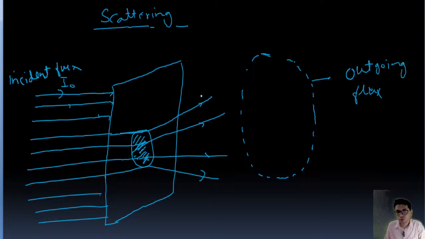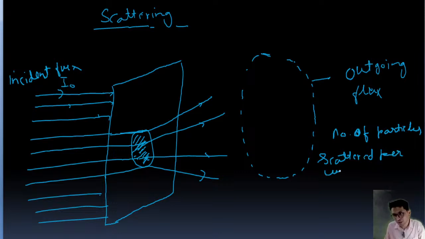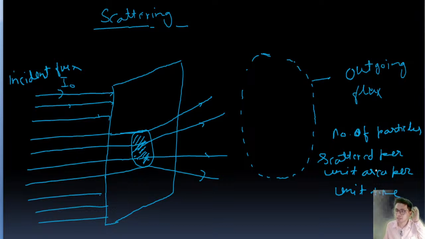So the outgoing flux is the number of particles scattered per unit area per unit time.